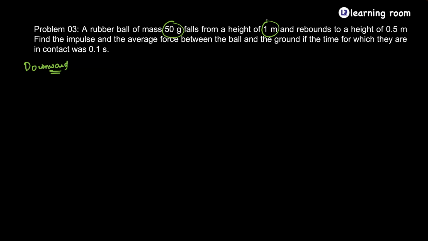When it comes to the downward journey, can I apply the formula v square minus u square is equal to 2as? So what is v square? That's what we need to find. V square minus u square, what is the initial velocity with which it is dropped? 0.